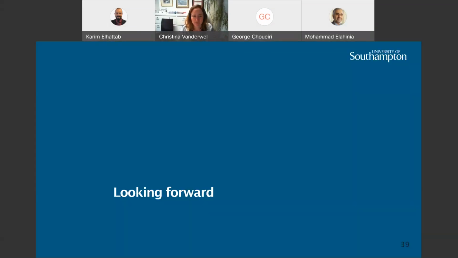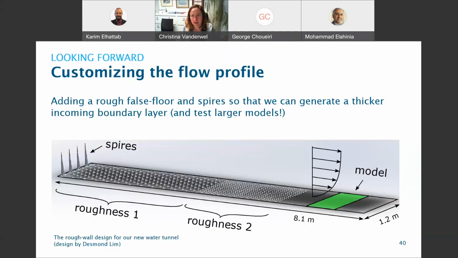So just to wrap up here, I'll talk about what we're working on now, looking forward. Something we're trying to do in the water tunnel now is add these spires and a rough false floor so that we can customize the flow profile that we get to do these city models. It lets us make a thicker incoming boundary layer, and that'll let us test even larger models.